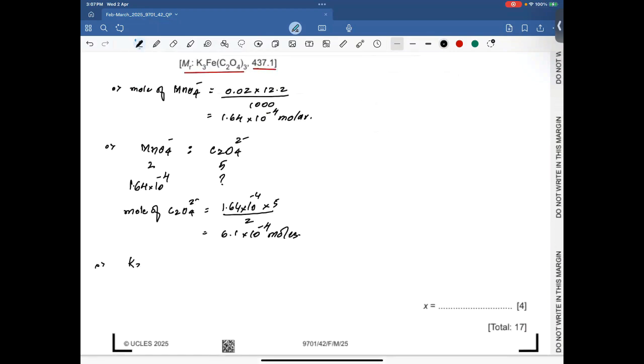We have a formula of the salt, which is K3Fe(C2O4)3·xH2O. In this salt we have 3 ethanedioates. So this is 1 mole, this is 3 moles. If we have 6.1 × 10^-4 moles, how many moles of salt?